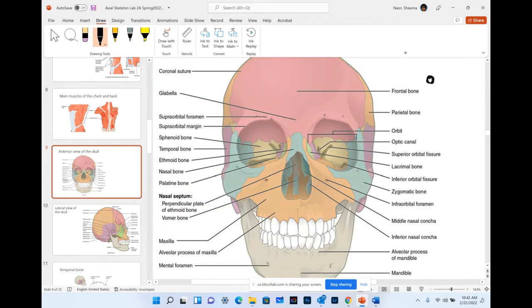There is a hole in both orbits. And then underneath the hole, you're going to see a slit that looks like this and then like this. Like this.